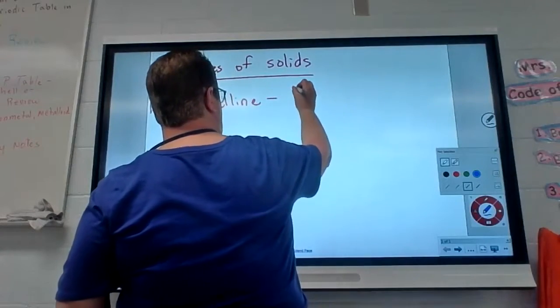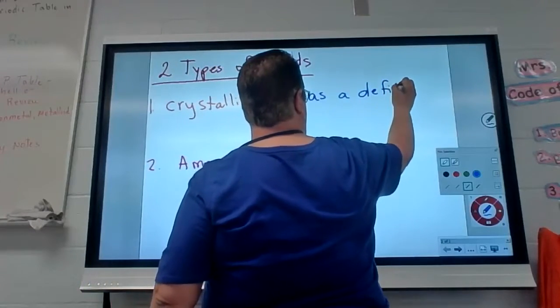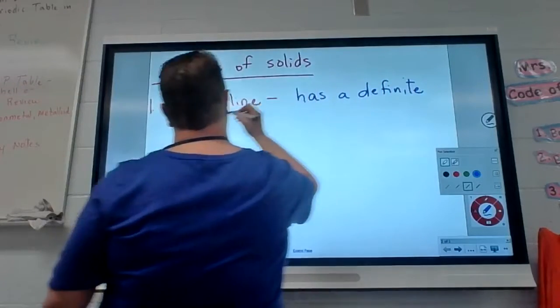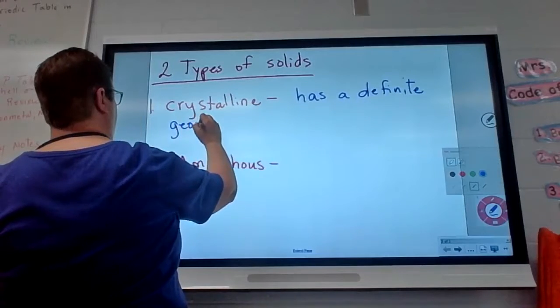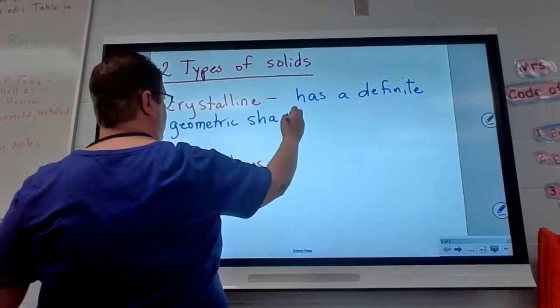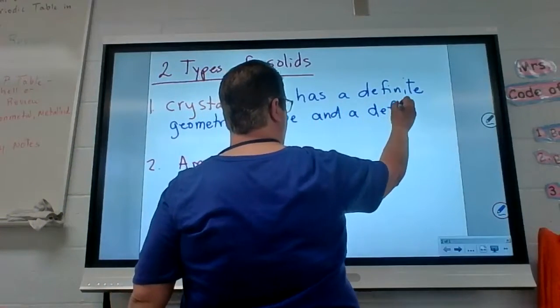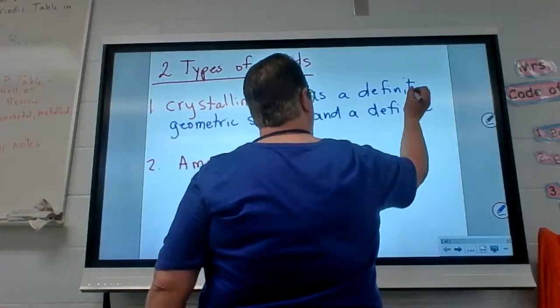All right, a crystalline solid has a definite geometric shape and a definite melting point.